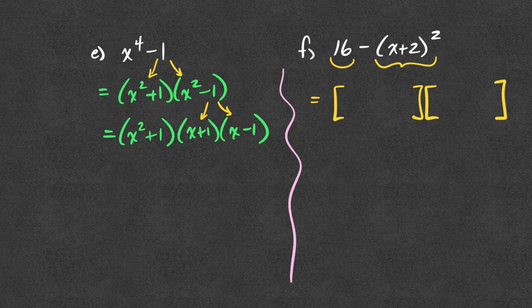Look at your first term, 16. What multiplies by itself to give you 16? 4 and 4, that's at the front of both brackets. Now you take a look at the second term. What multiplies by itself to give you x plus 2 all squared? Well, that's an x plus 2 times an x plus 2.